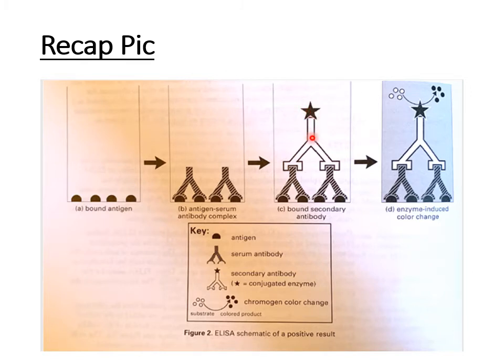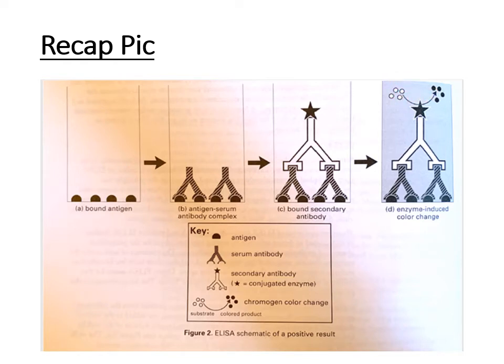So the secondary antibodies will bind to the patient's serum antibodies, and that HRP will then in the final step change the final substrate that you add to an ELISA. So the HRP will break that down into colorful product.